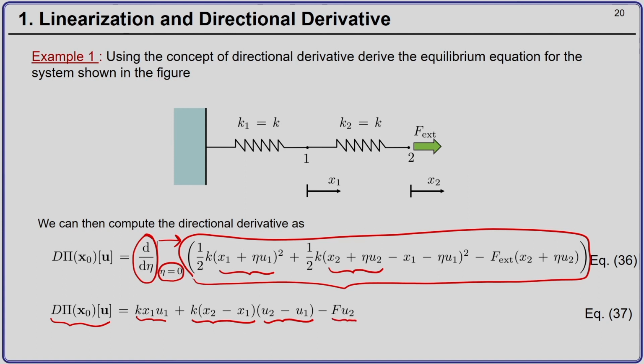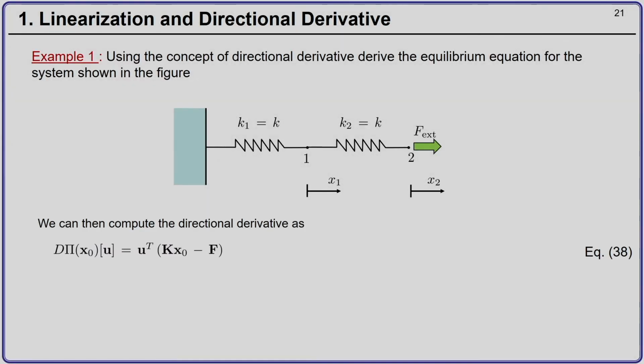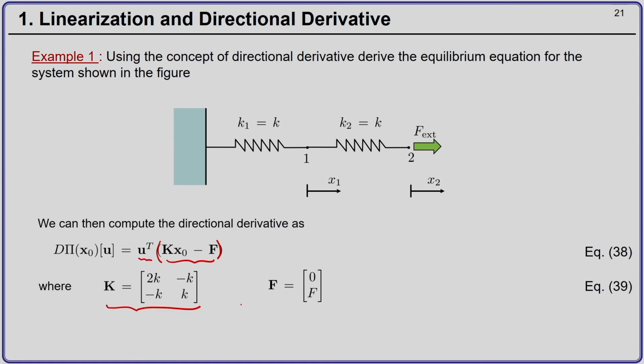Now, this expression can be written in a matrix form. It can be put in a matrix-vector multiplication form as u transpose bracket k x 0 minus f, where k is called the tangent matrix and f is called the external load vector, and equation 39 gives you the expression for the tangent matrix and the force vector.